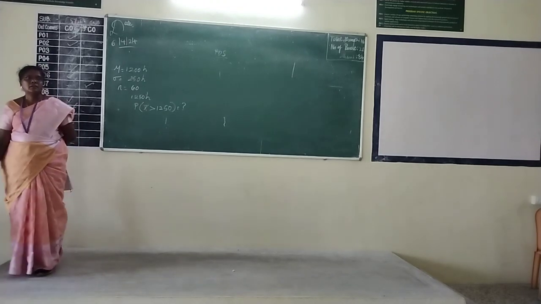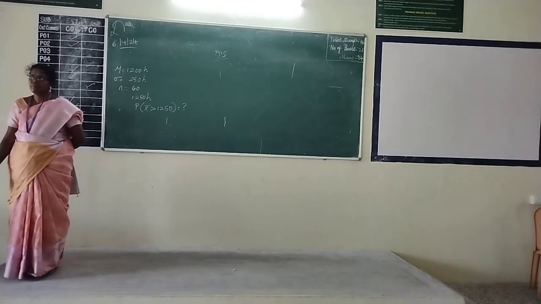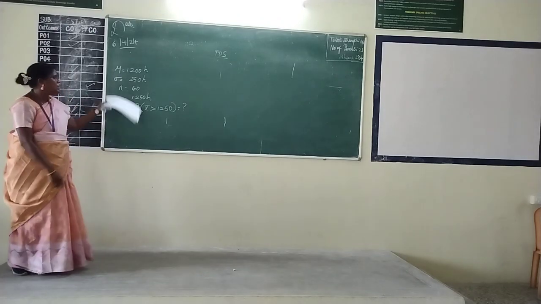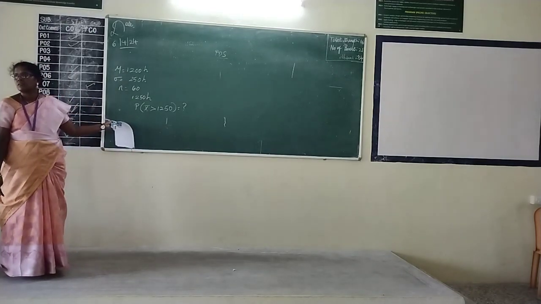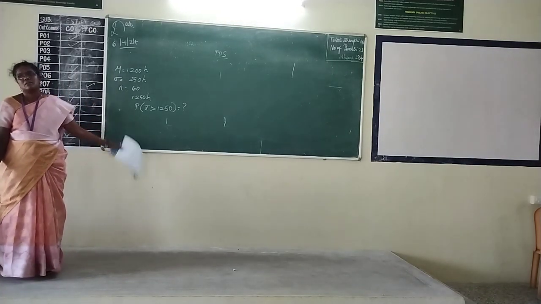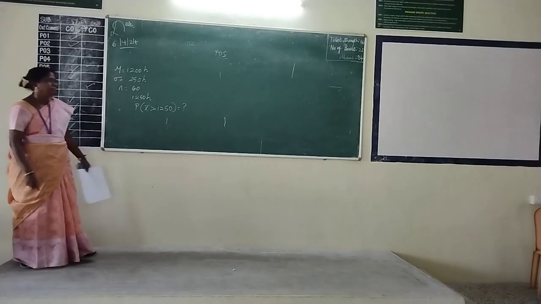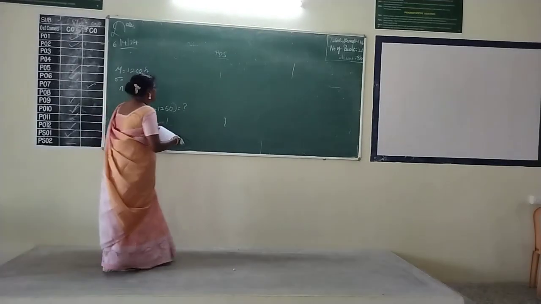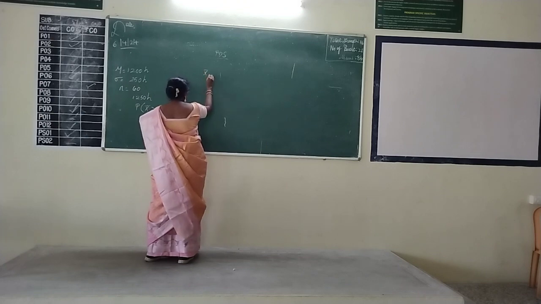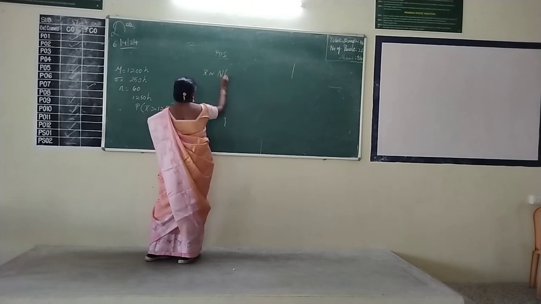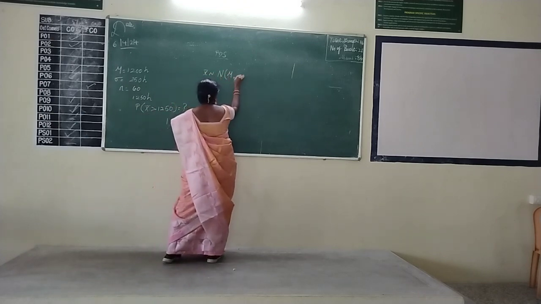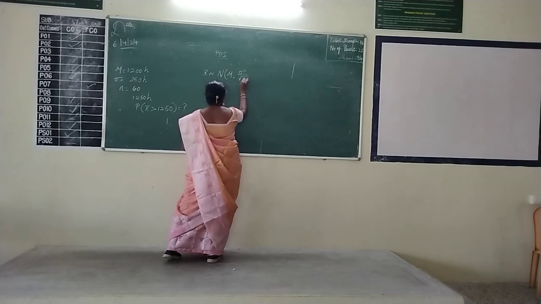Okay, so write, by central limit theorem, have you written all the terms and notations? Everyone written? So write, by central limit theorem, X bar follows normal distribution with mean mu and standard deviation sigma by root n.